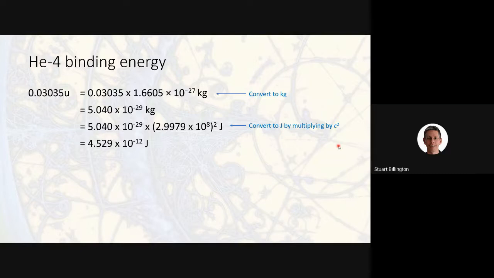So it's not possible. As we've just found out, when the helium forms, it only gives away about 0.1% of its mass. Okay, so when you multiply up by 10 to the 17, you get that number: 4.5 times 10 to the minus 12 joules, which again sounds very, very small. And it is.